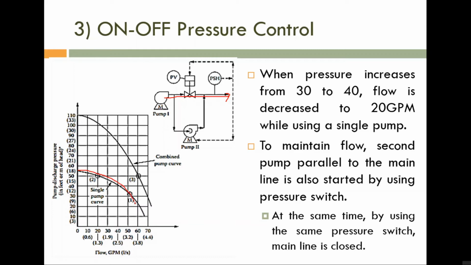Now assume that this one is the current operating point, where the flow rate is 50 gallons per minute, and the corresponding discharge pressure is very close to 30 psi.